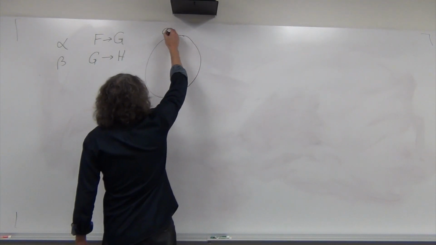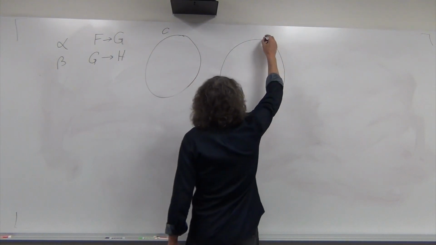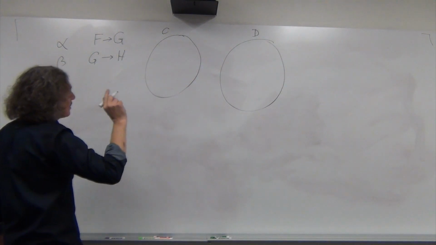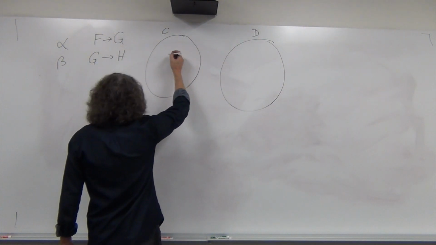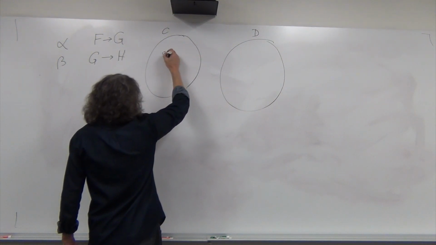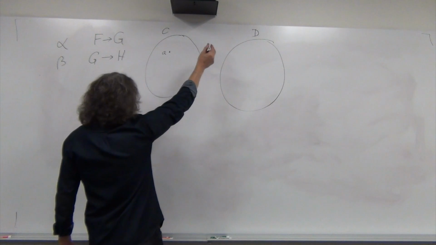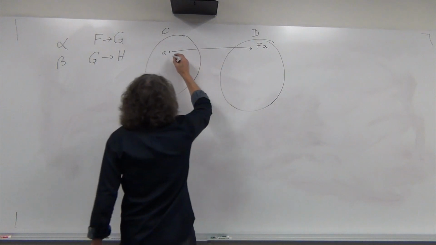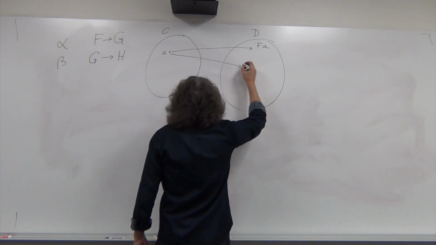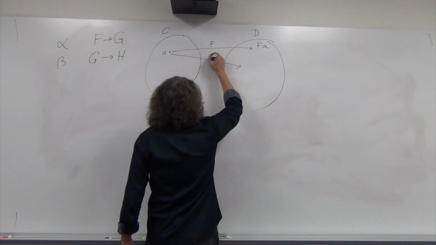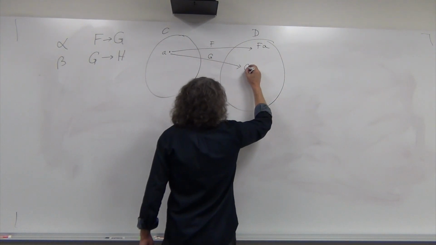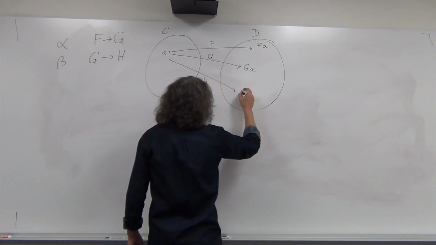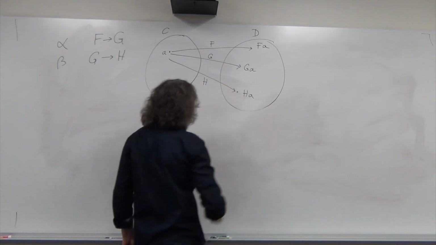We fixed two categories, and now we have three functors, F, G, and H. Under the functor F, let's pick an element here, A. A will go into FA. Under the functor G we have GA, and under the functor H we have HA.